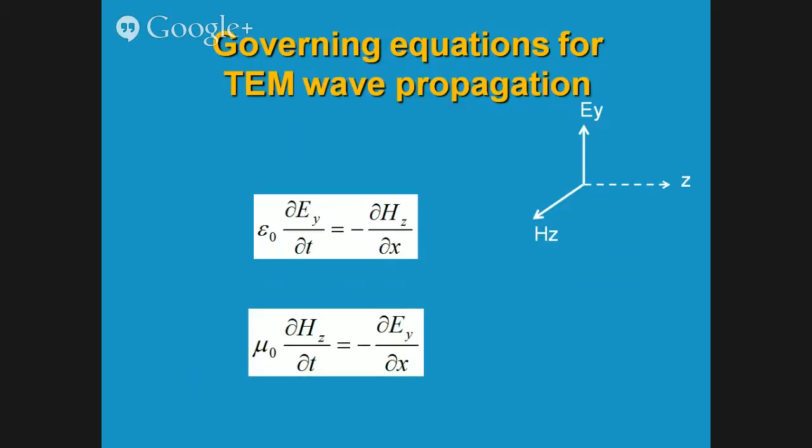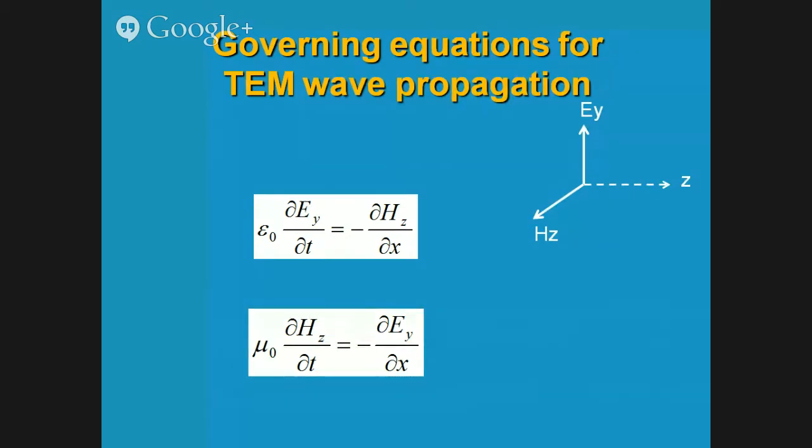Okay. So taking an example, we are trying to derive the governing equation for the TEM wave propagation. The TEM wave propagation has components Ey and Hz propagating in the z direction. So these are the two terms derived from Maxwell's equations.